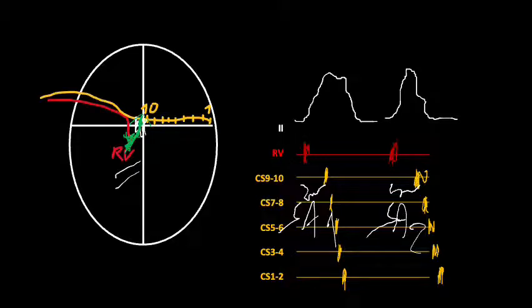So there is no conduction through the muscle and then Purkinje fibers and the conduction system; all the conduction is through the accessory pathway.